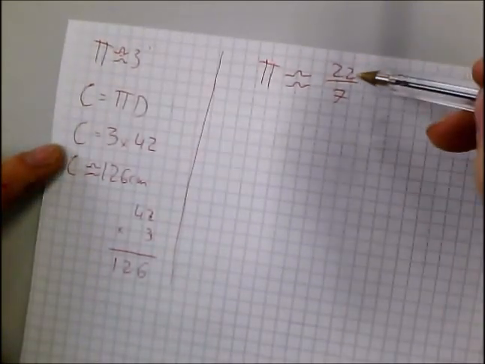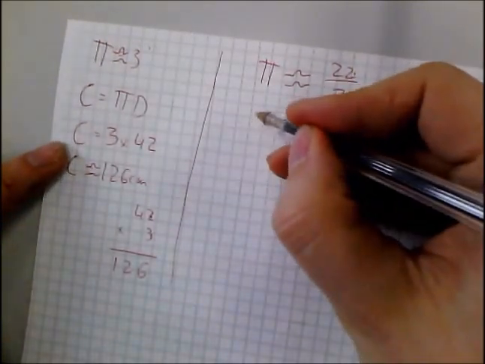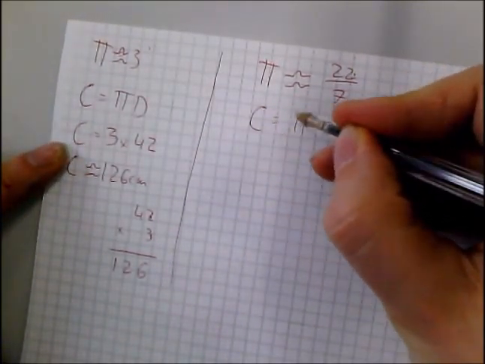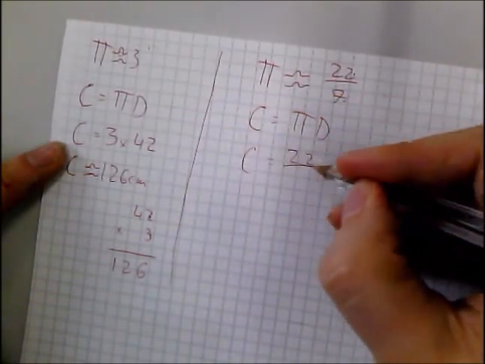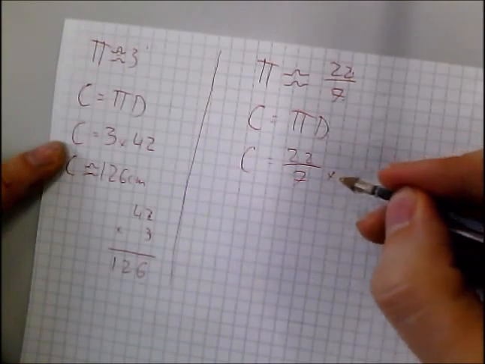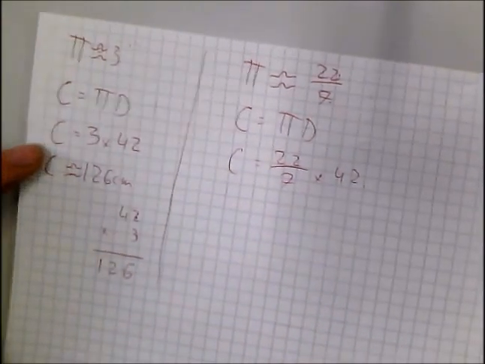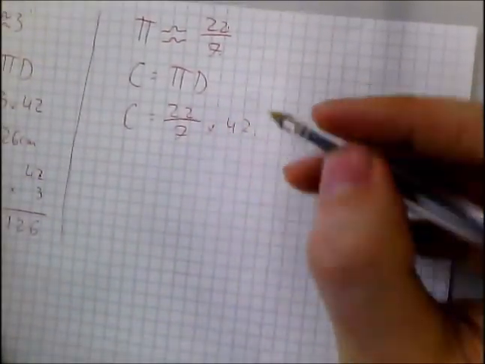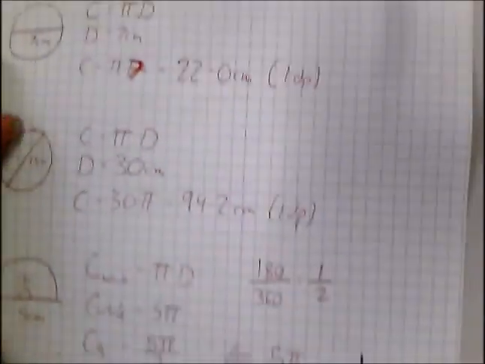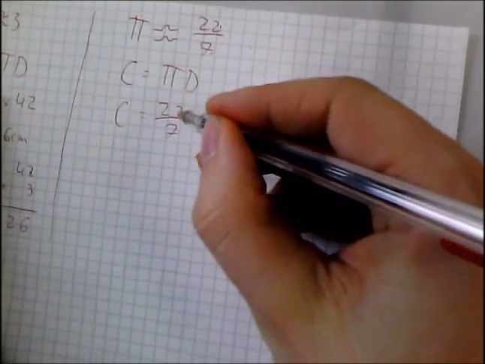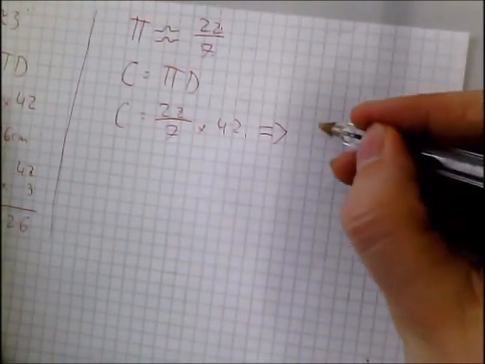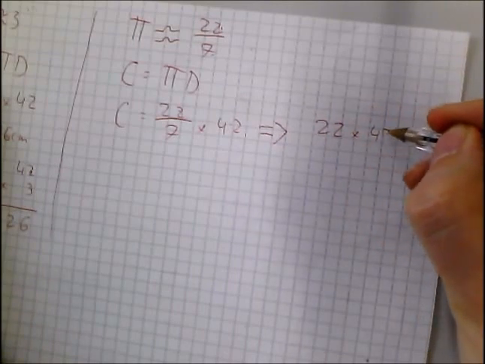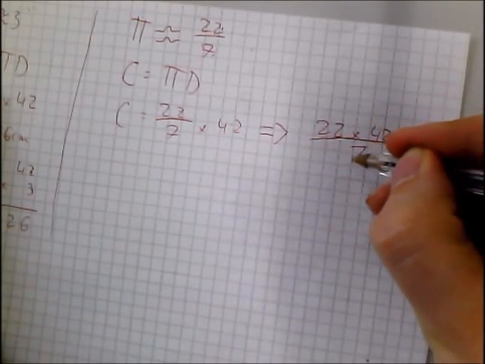Okay, I can also use 22 over 7. Exactly the same thing. C equals pi d. My pi is 22 over 7 and my diameter is 42. So, doing just like I did for the previous question, this is the same as doing 22 times 42 all divided by 7.